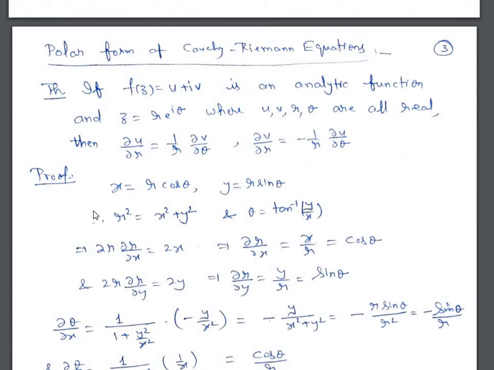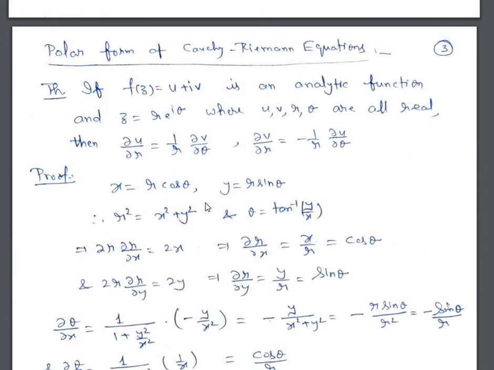So what will be derivative of r square partially with respect to x? It will be 2r ∂r/∂x. Derivative of x square is 2x. Derivative of y square, when we differentiate it partially with respect to x, will be 0. So 2r ∂r/∂x is 2x. That means ∂r/∂x is x upon r. Now what is x? x is r cos theta. So r will get cancelled and this is equal to cos theta.